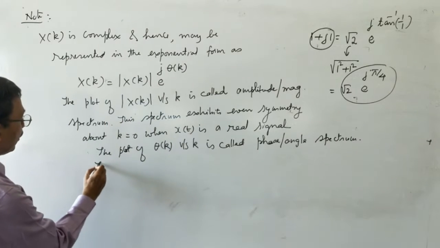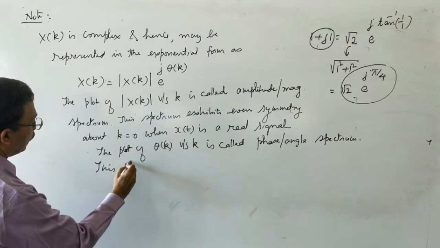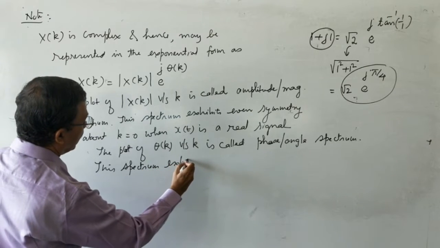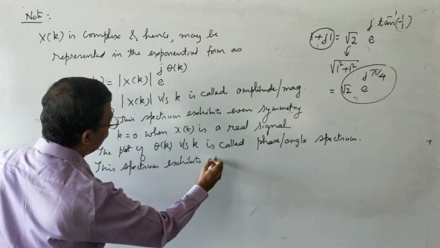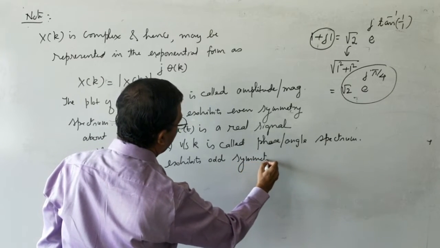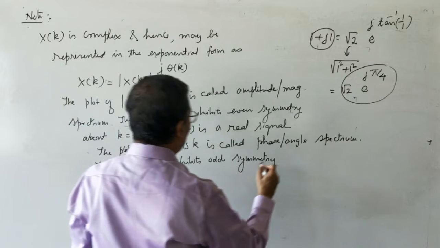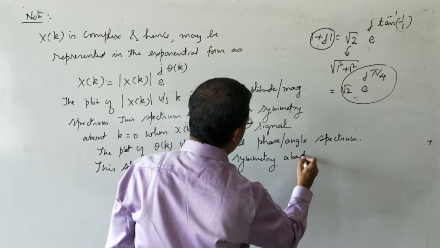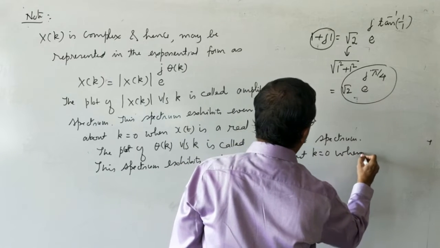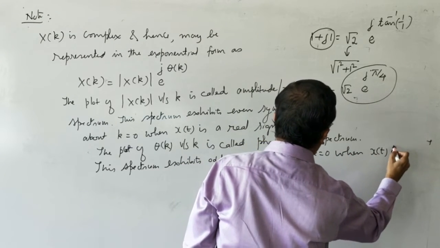This spectrum exhibits odd symmetry about k equal to 0 when x of t is a real signal.